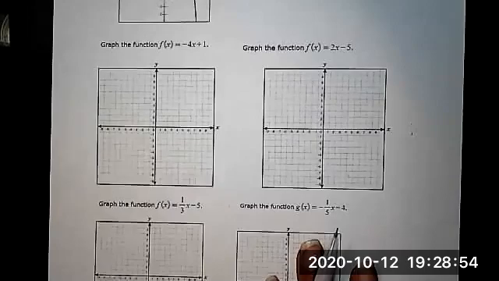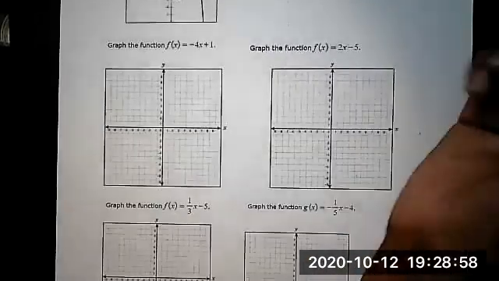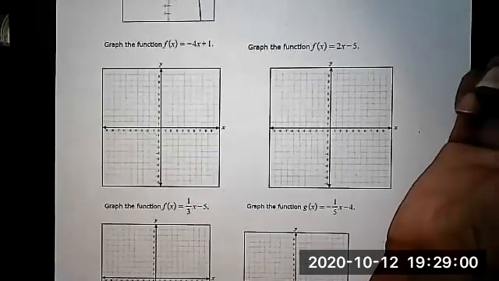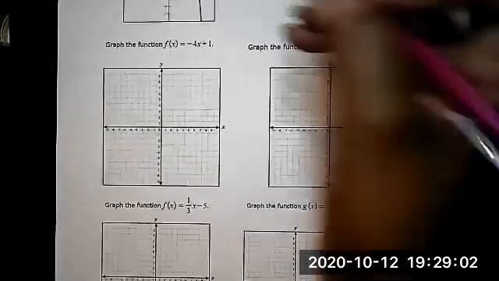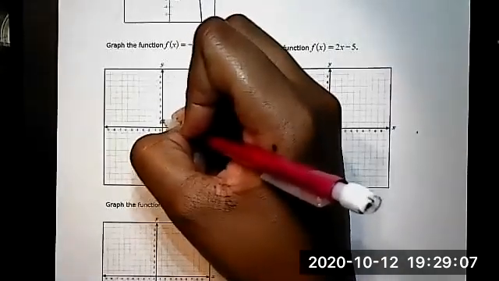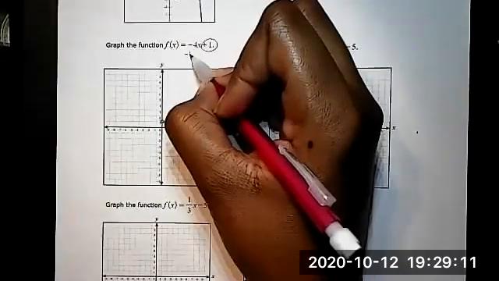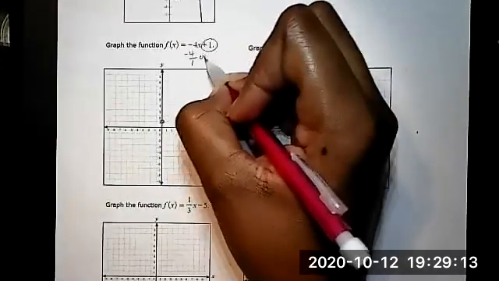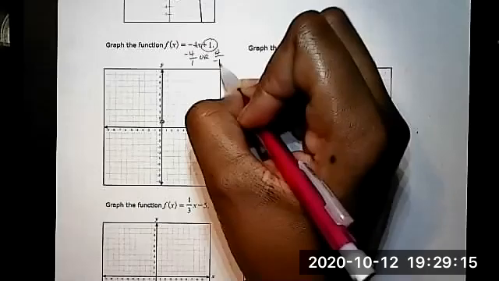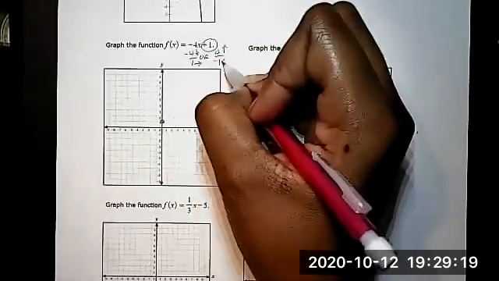All right, so now graph the function for -4x plus 1. You just have to graph this using your slope and y-intercept. Our y-intercept here is +1. And then my slope would be -4 over 1 or 4 over -1. So I'd go down 4 right 1 or up 4 left 1.